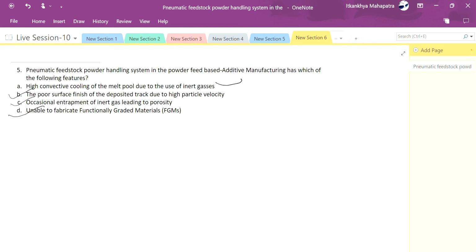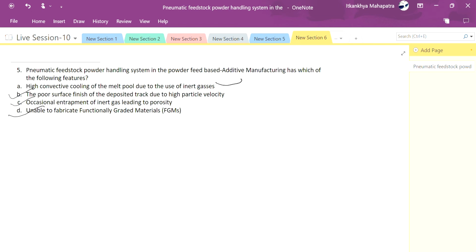As I have already said, a lower particle velocity gives an increased catchment efficiency. But here we have a higher particle velocity. Also here we have entrapment of inert gases which leads to porosity. And with the pneumatic powder feed based additive manufacturing, we cannot fabricate functionally graded materials.